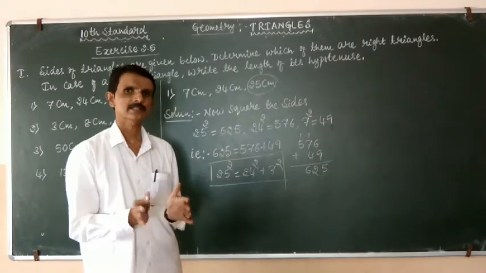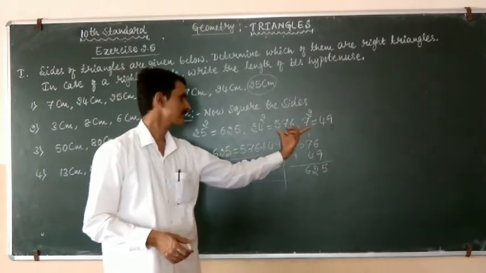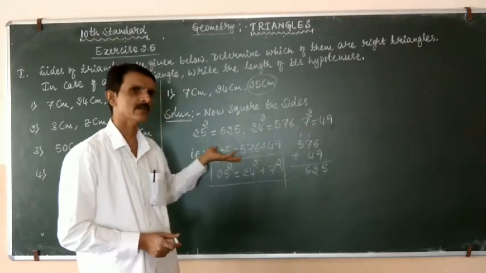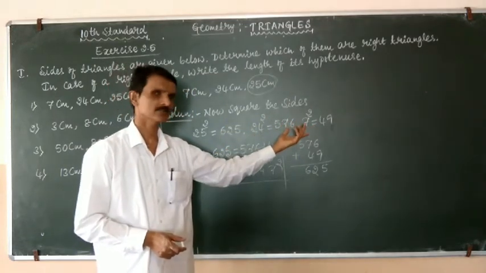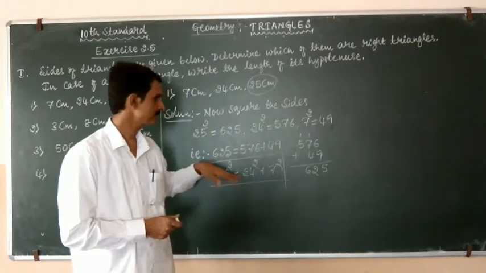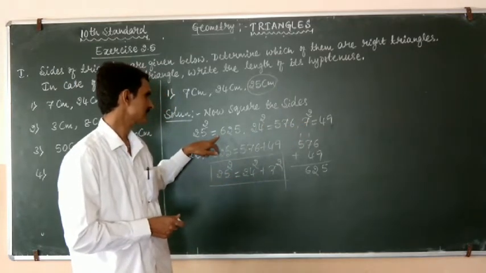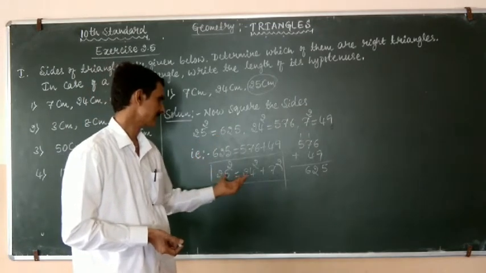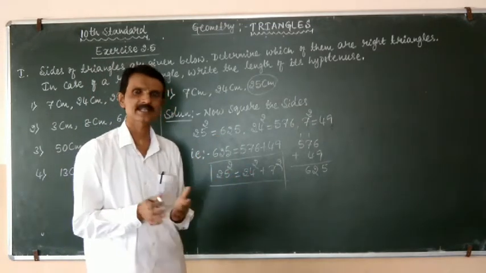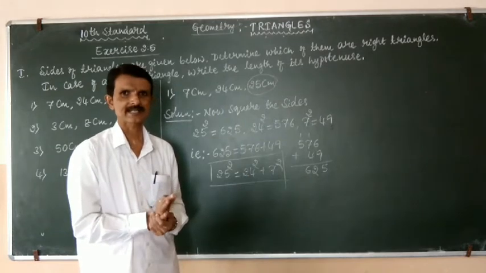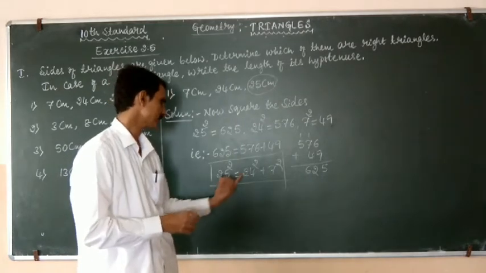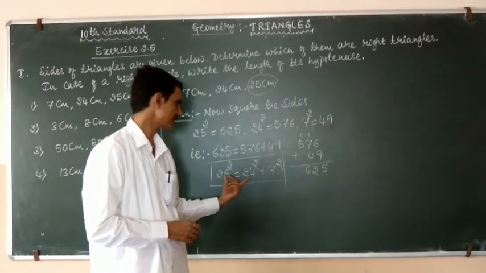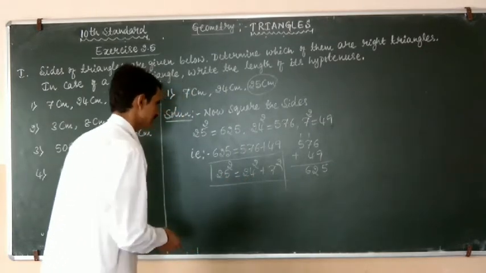That means if the sum of the squares of the other two sides is equal to the square of the largest side, then we can say that it is a right angle triangle, because it holds good for the statement of the Pythagoras theorem.